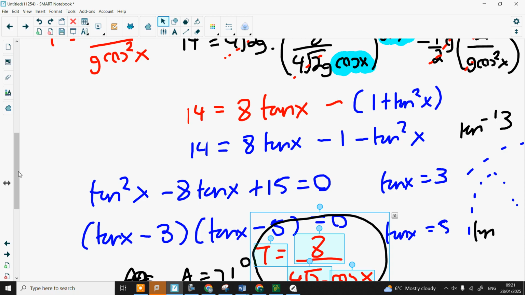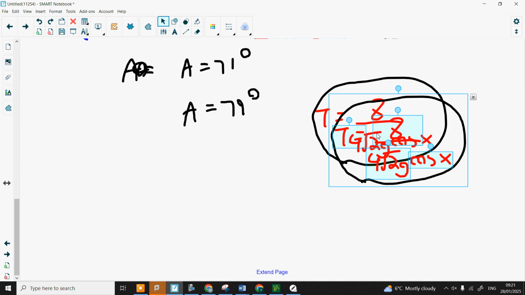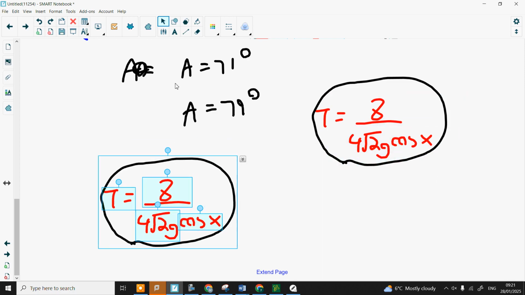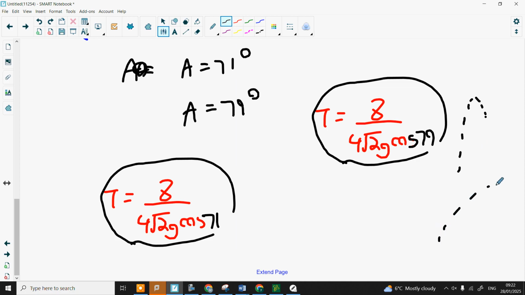So I'm just dragging this all the way down. It's going on a bit of a trip with me. Okay. And then I'll make 2 of them. Something nicely like that. And in one of them you put in 79 and the other one you put in 71. And you compare the 2 times of flight. Which time of flight do you think should be longer? The one that went up and back down again, as opposed to the one that you threw straight at it.